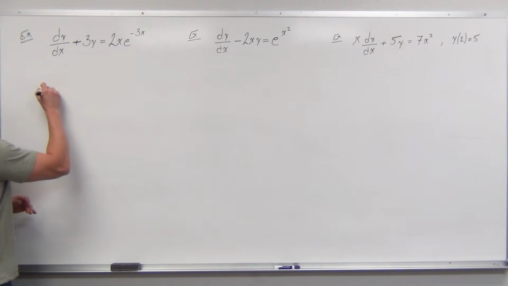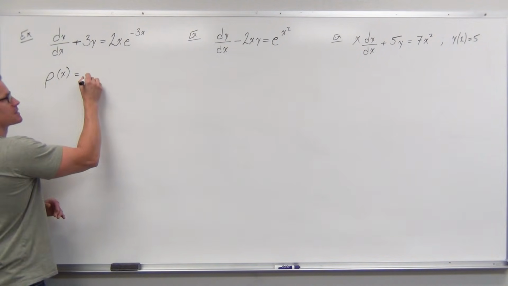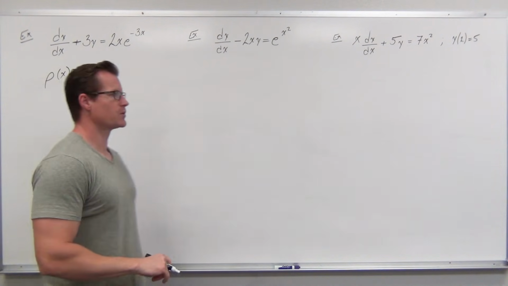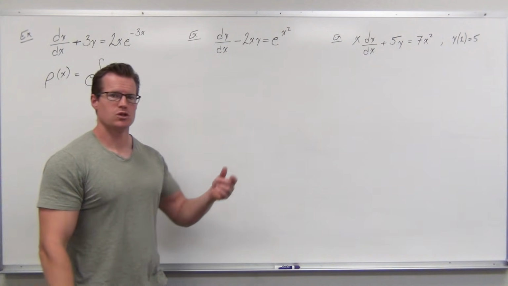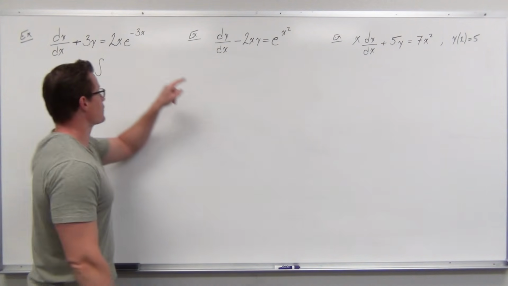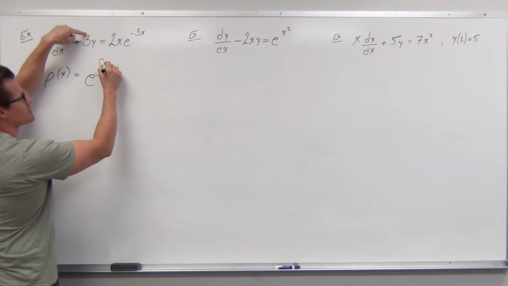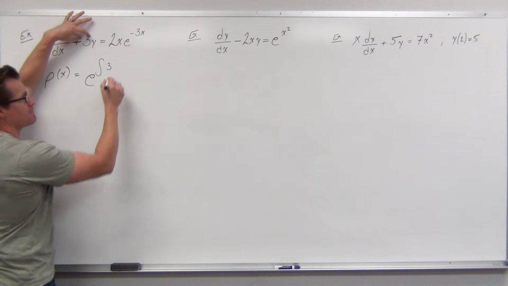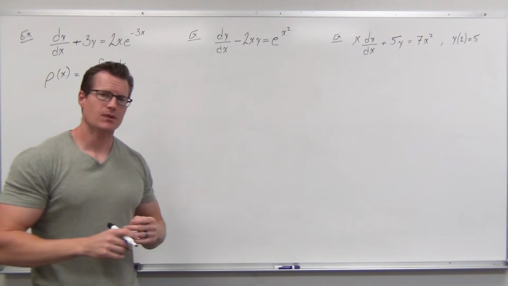What we multiply by is e, because e to some function repeats itself when we do a product rule. E to some function whose derivative is the thing that's connected to our y, that function of x, or constant in this case. So if the derivative of this piece needs to give us 3, the integral of 3 needs to be that exponent.